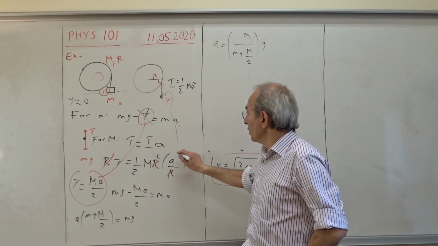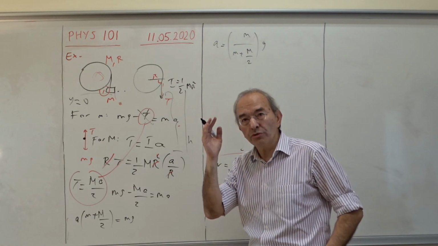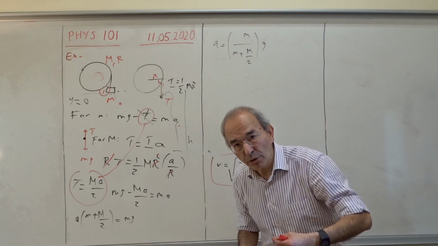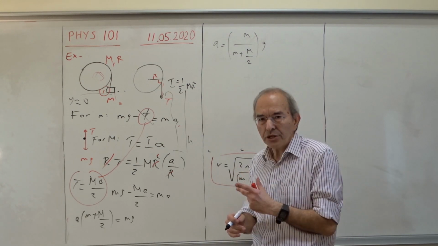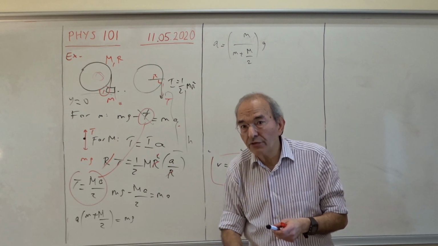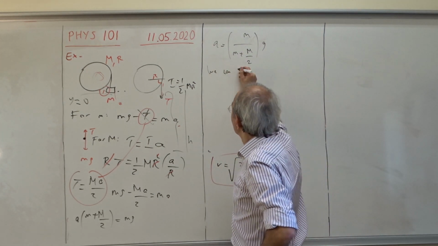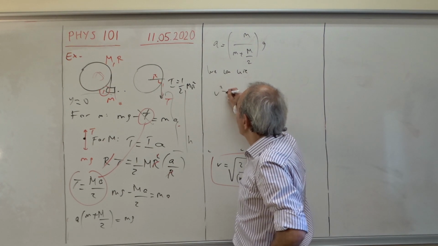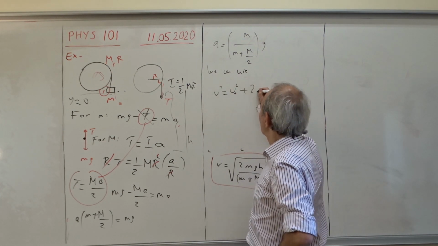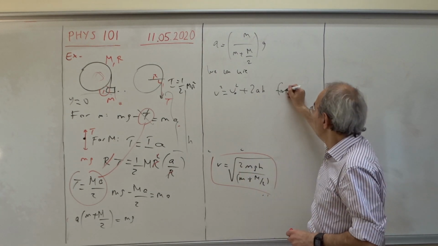Once it falls to a height h, we can go back to chapter 2. Kinematical equation, it's a linear motion. It's a linear motion for the block, because the block is not turning, the block is falling along a vertical line. So we can use v squared is equal to v0 squared plus twice acceleration times height h for the block.